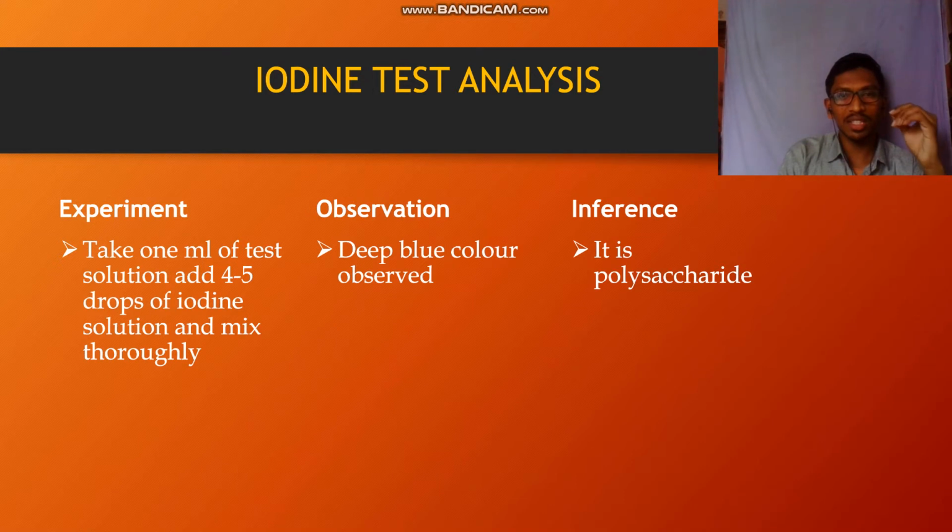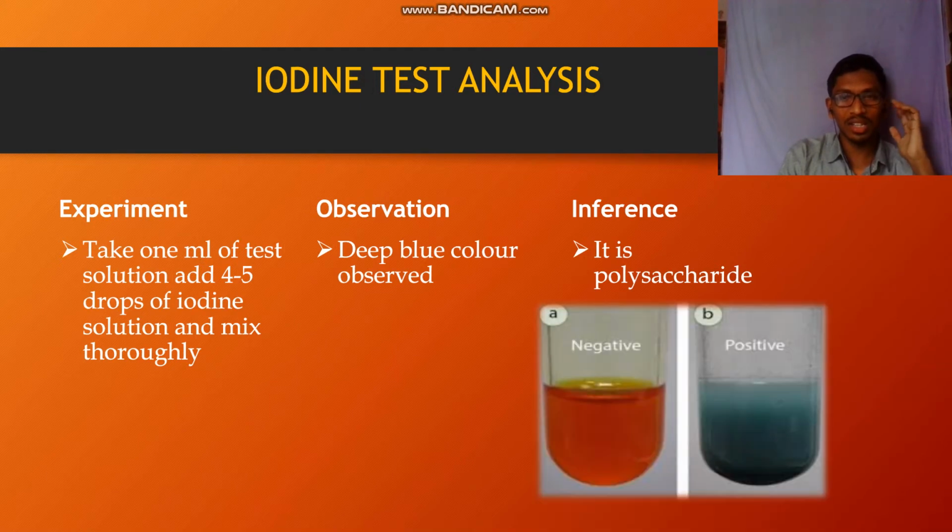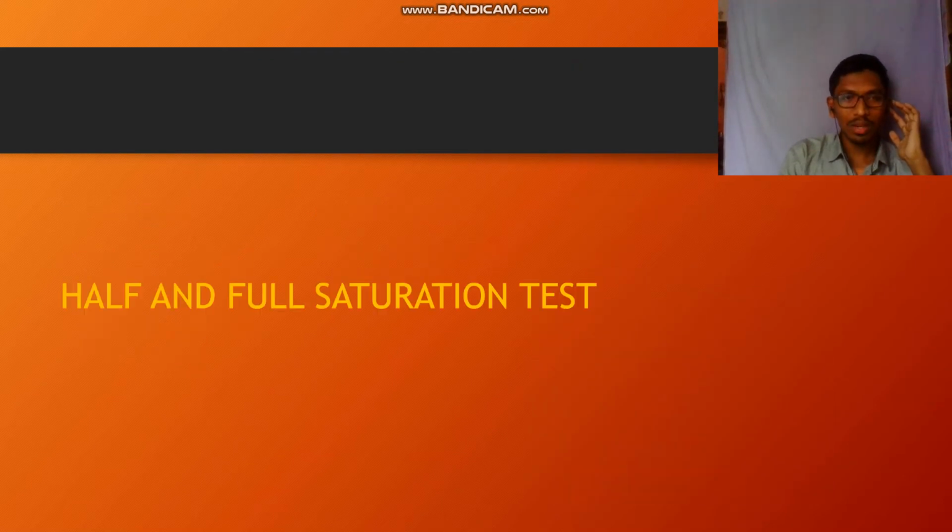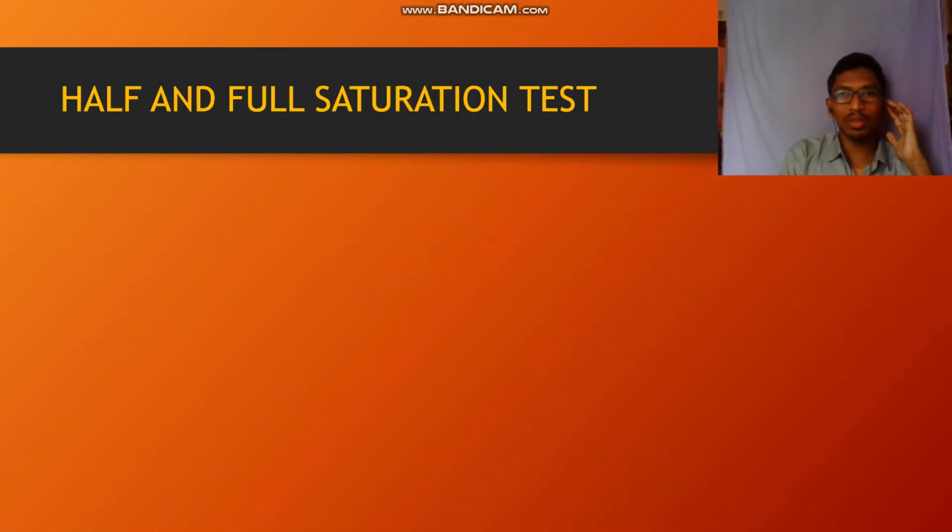By this test, we know whether the sample is a monosaccharide, disaccharide or polysaccharide, and it is proved that the given sample is a polysaccharide. Here, positive test means blue color, negative test means brown color. So we need not go for Benedict's, Barfoed's and Fehling's tests. We directly go with the half and full saturation tests.